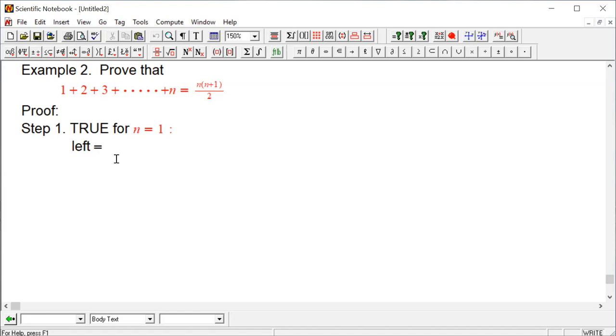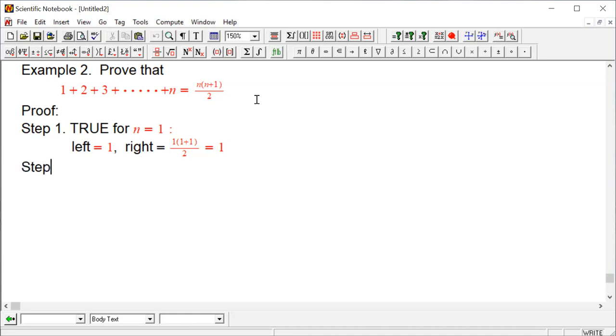The first one natural number is 1. And the right-hand side is this piece, but n is substituted by 1 because n equals 1. And now it is 1. So left equals right. So this is true for n equals 1.